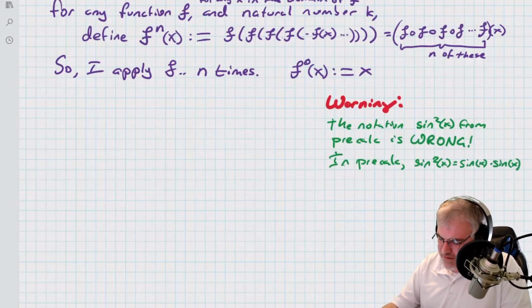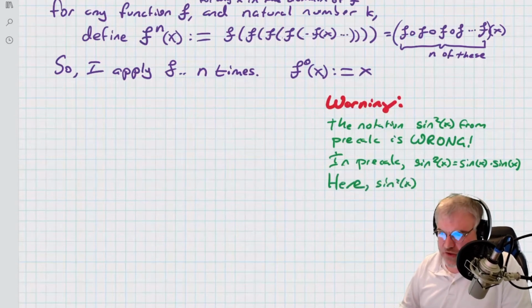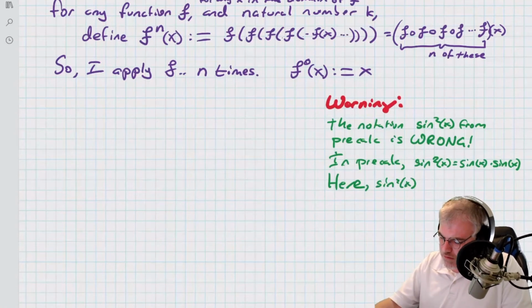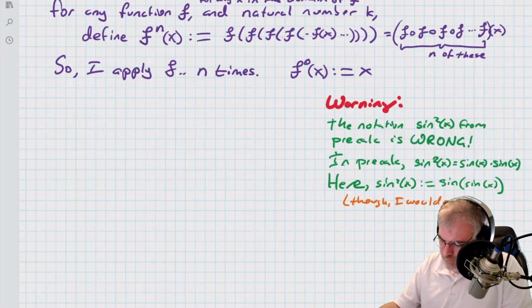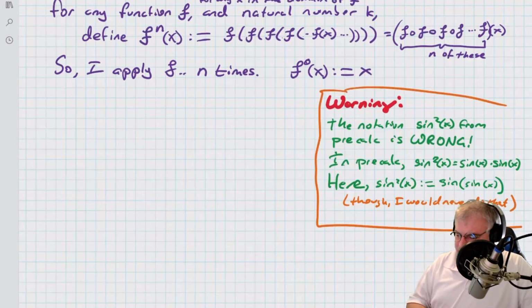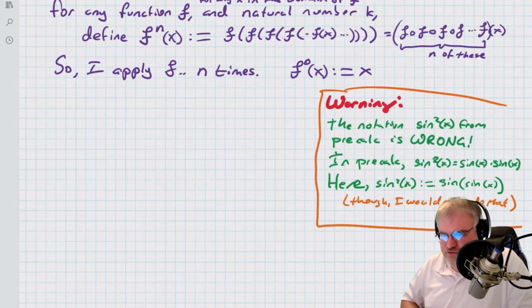And that's not here. Here, sine squared of x, and I would never use this notation, ever, would be defined as sine of sine of x. I don't even like to use this notation in my calc class because this notation sucks. The notation for sine squared from precalc is wrong.